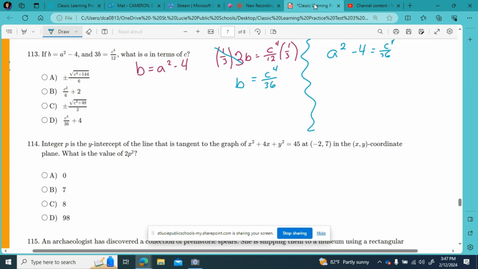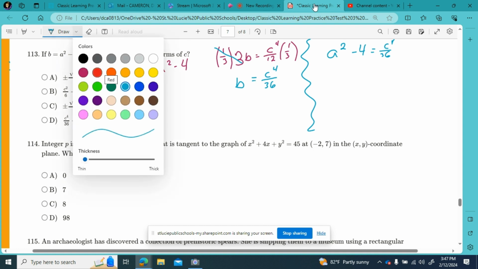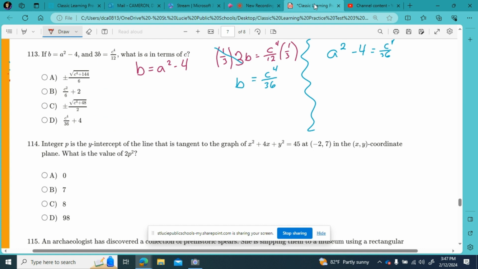Then I want to solve for a. First step to do that, get rid of my minus 4 by adding 4 to both sides. A squared equals c to the power of 4 over 36 plus 4.